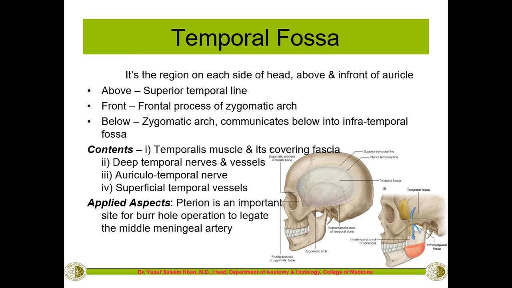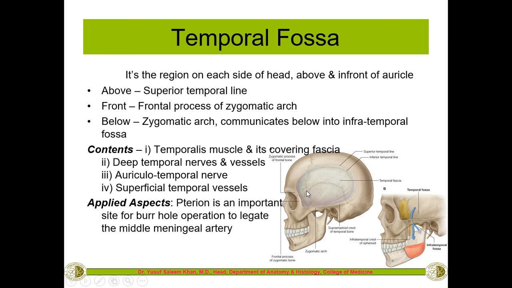Clinically, this temporal fossa is important, especially for surgeons, because they do a surgery called burr hole operation, or the surgery where they put a hole into an important region here. This is called pterion.